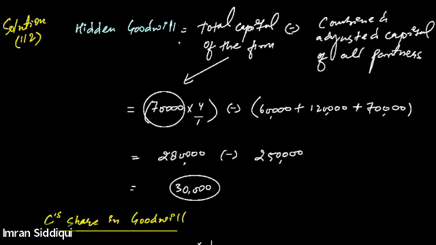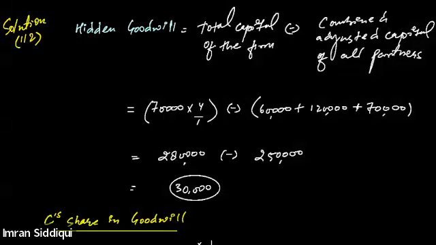So 70,000 into 4/1, since 1/4 is the share of the new partner. By doing this, we will get the total capital of the firm as 2,80,000. Is that clear, everyone?